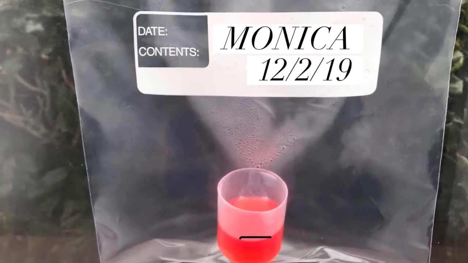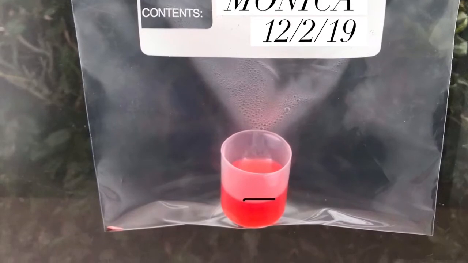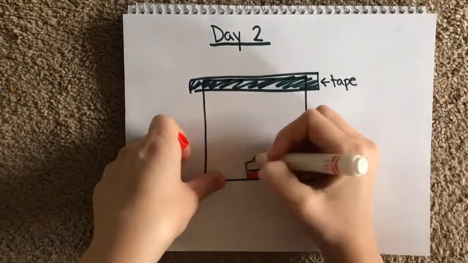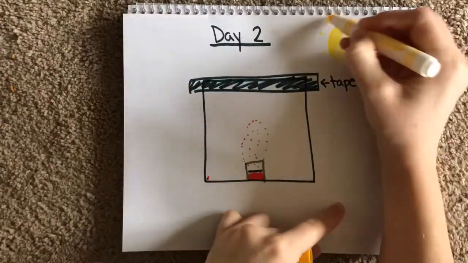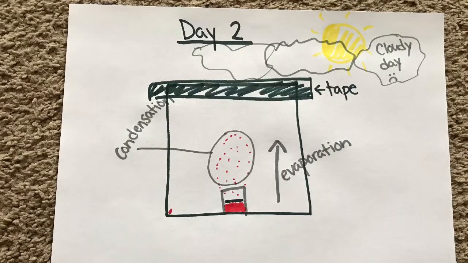My water in the container did dip slightly below the halfway point. This showed that there was evaporation occurring because of the sun, even though it was cloudy, and then condensation was left behind as a result.